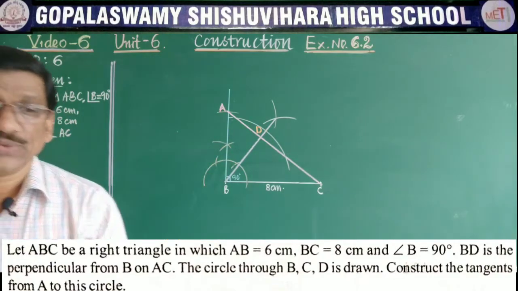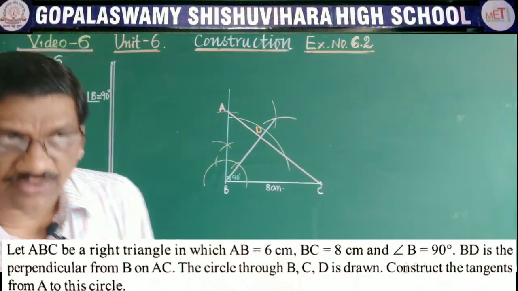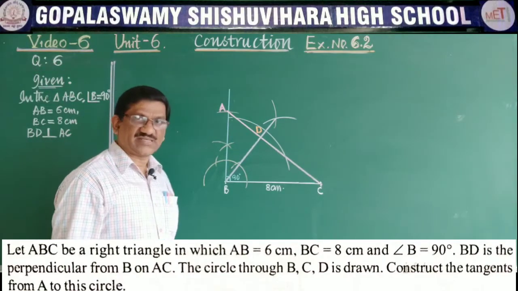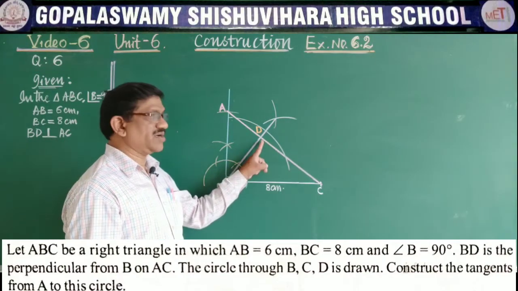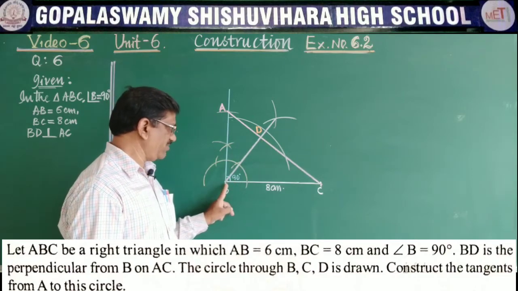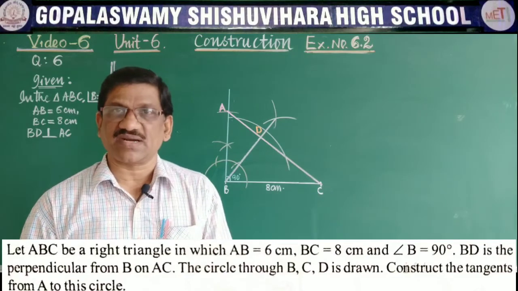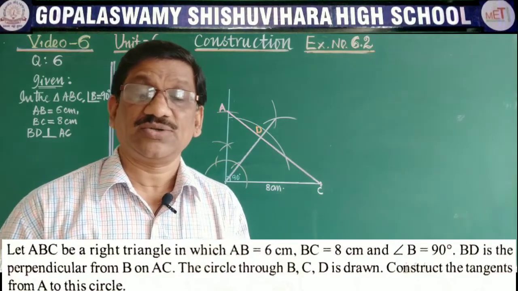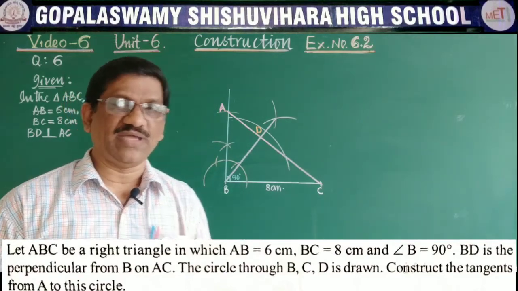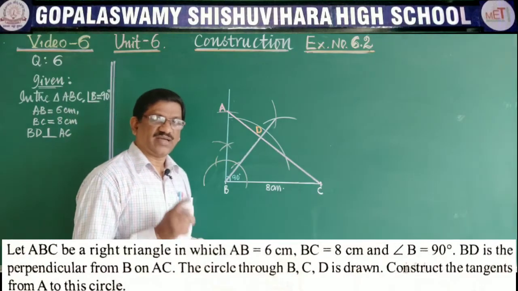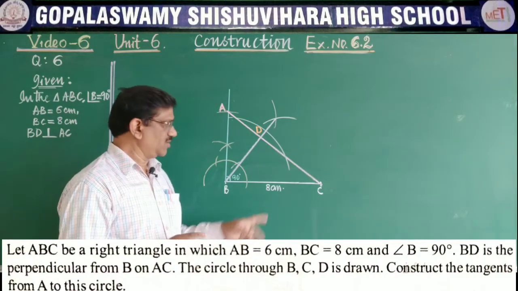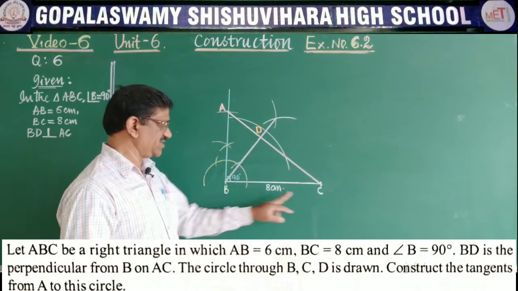Now what we have to do now? We have to construct a circle that passes through the points B, C and D. That is nothing but the circumcircle to the triangle BCD. We have to construct a circumcircle to the triangle BCD.